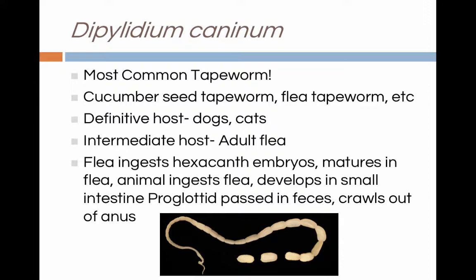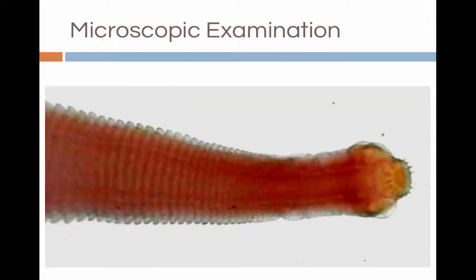And then the animal, the dog or cat, ingests the flea. You may be thinking, why in the world would my cat eat a flea? Your cat doesn't realize they're eating a flea. Your cat is using its mouth to scratch itself because the fleas are making them itch. So the animal whips around and gnaws at itself with its front teeth to try to relieve that itch and ingests the flea.